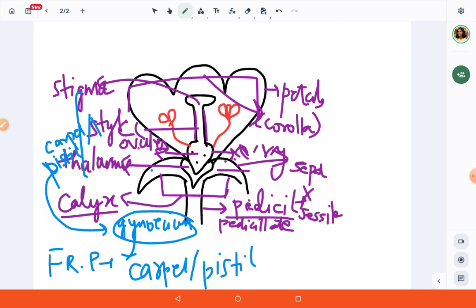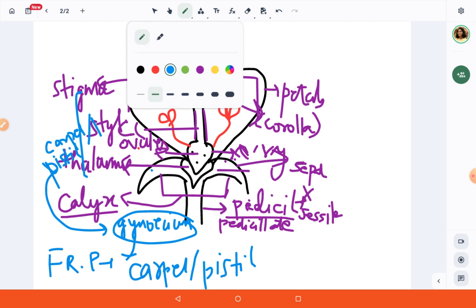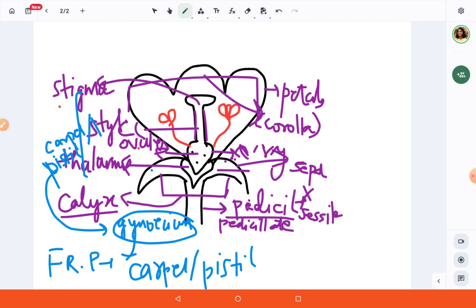Now talking about the male reproductive part, here we go with it. In the male reproductive part, this part is called the filament. And this particular part is called the anther.